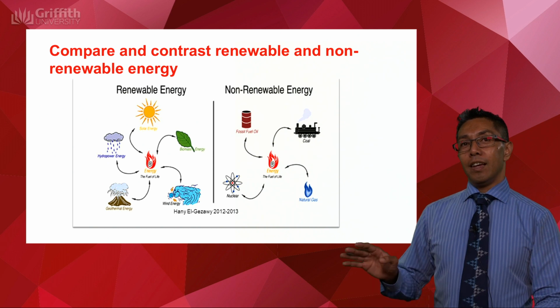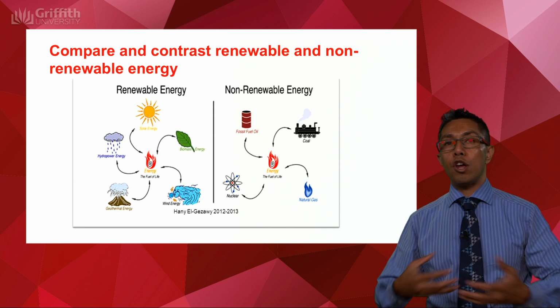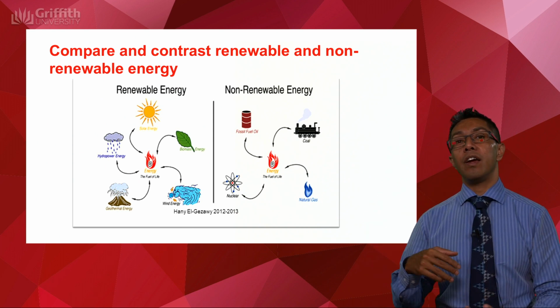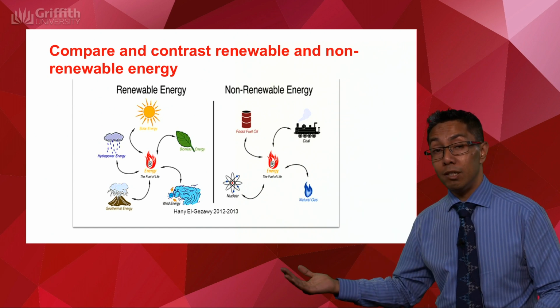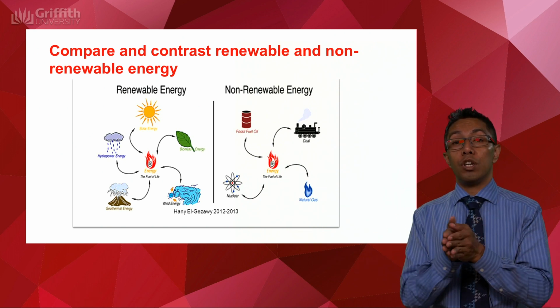So let's have a look at renewable energies first. So we can get energy and we burn it and we generally turn turbines and that creates electricity. There are 5 broad categories. So there is solar energy, renewable resources. We can either heat water directly.